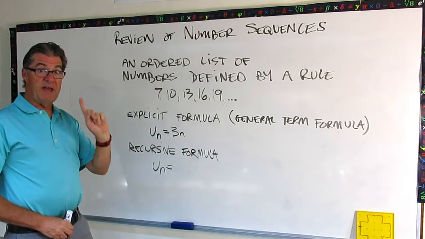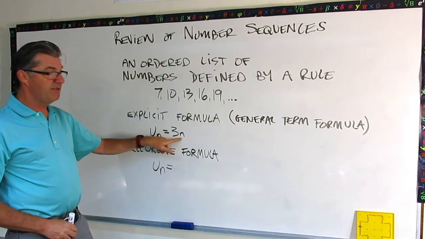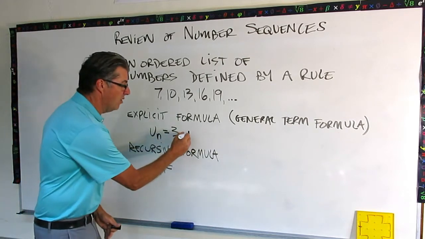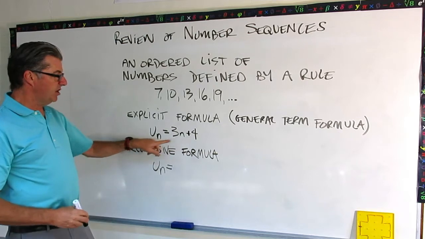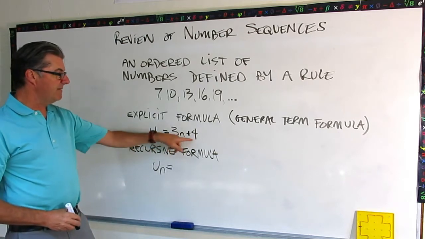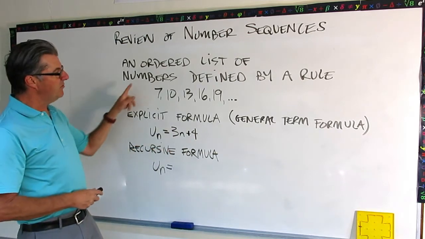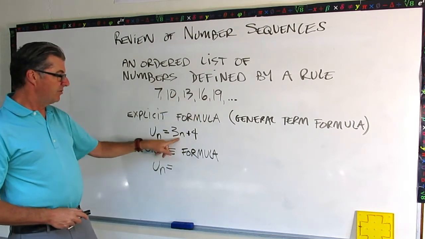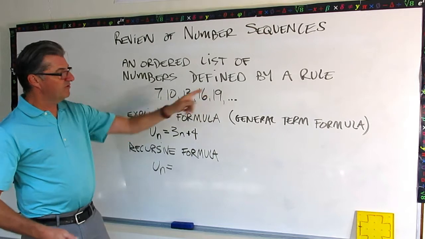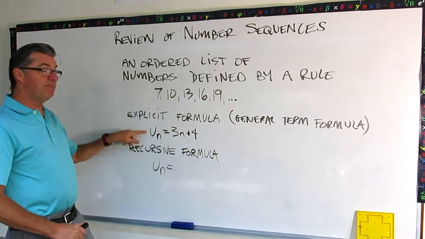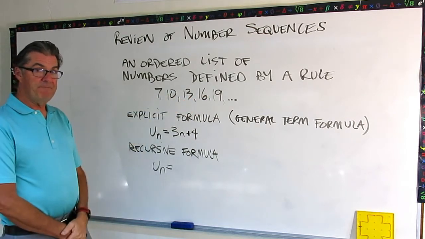If the first term, n, is 1, this part would be 3, so we have to add 4 more to it. So the nth term is derived by this formula, 3n plus 4. And let's test it. Let's go all the way out to the 4th term. 3 times 4 is 12, plus 4 more is 16. So it works for our sequence. So that's the explicit formula, okay?